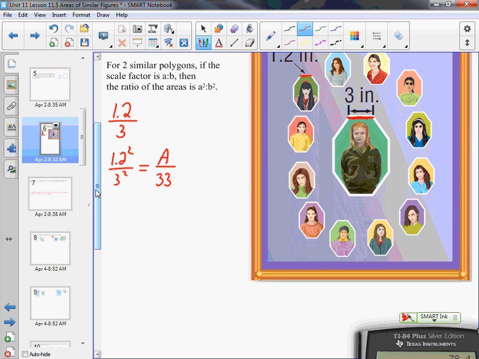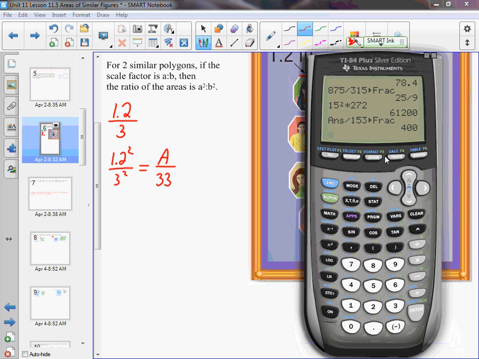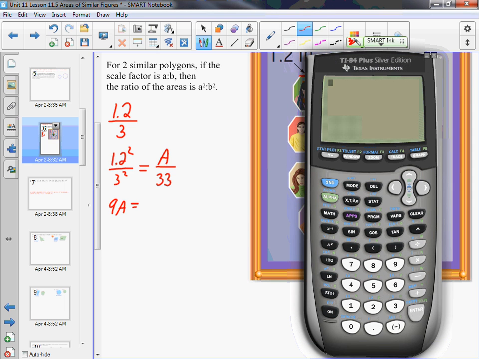Whenever you're making a ratio of areas, you must square the scale factor. Okay? All right, so let's see what happens here. So I know that 3 squared is 9, so I get 9a equals, and then 1.2 squared times 33 is 47.52. Divide that by 9, and the area of the small figure is 5.28 square inches.